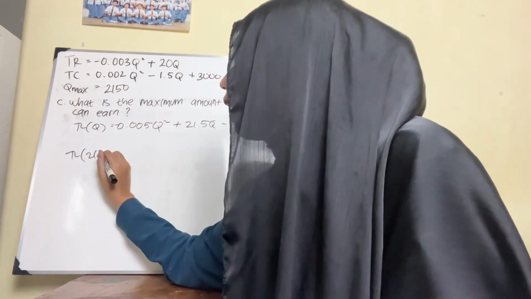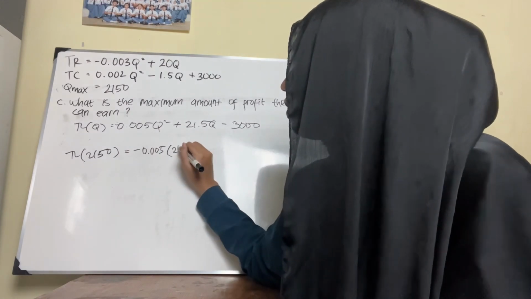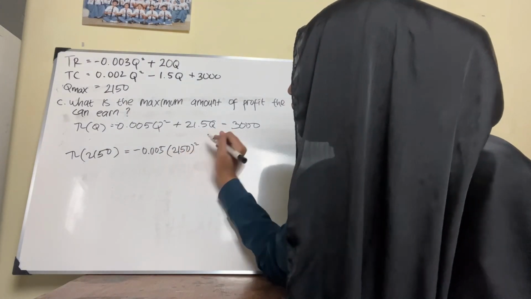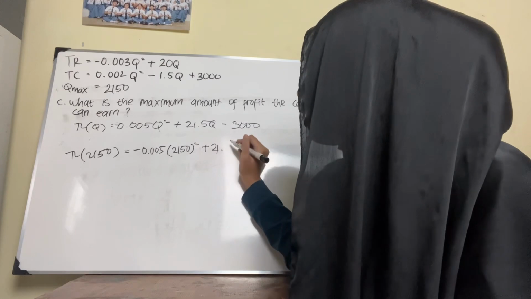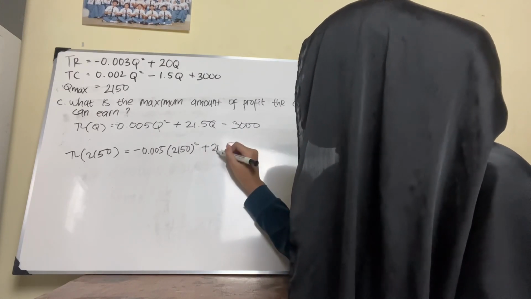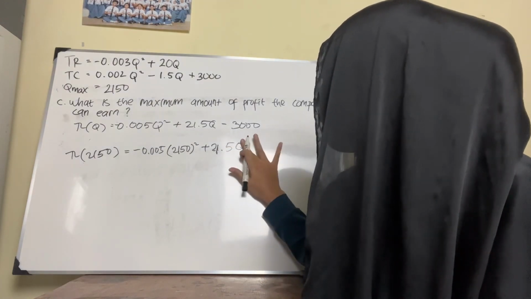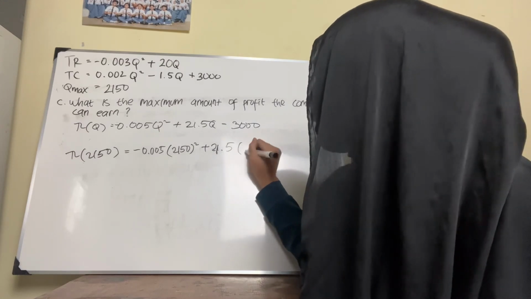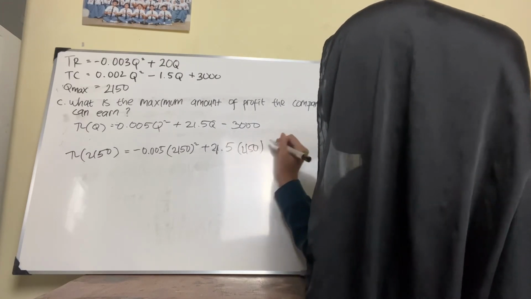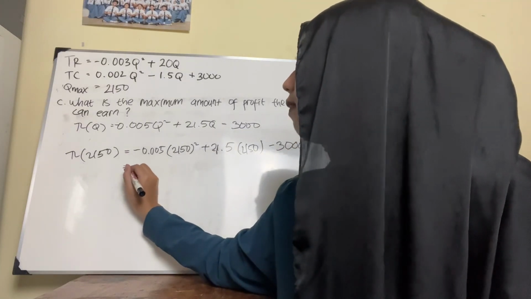Pi of 2,150 is minus 0.005 times 2,150 squared plus 21.5 times 2,150 minus 3,000. Let's calculate.